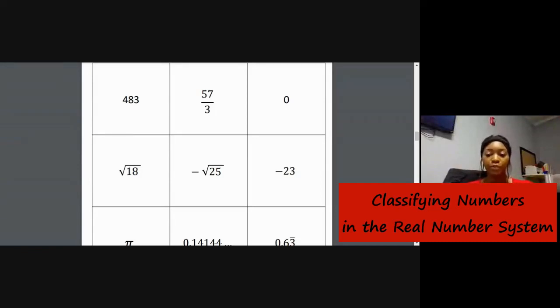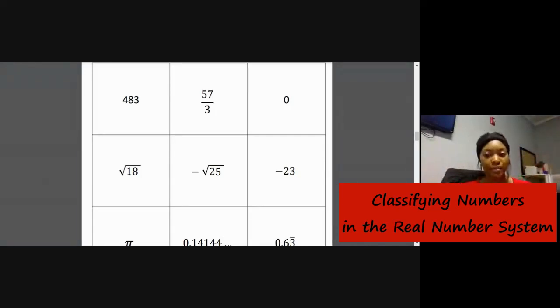Now, this is what I want you all to do. Fractions are division. That's all a fraction is, just division. So I need you guys to do 57 divided by 3 and tell me what that is. Oh, 19. Okay. So that means 57 over 3 is equivalent to 19. They're the exact same thing.